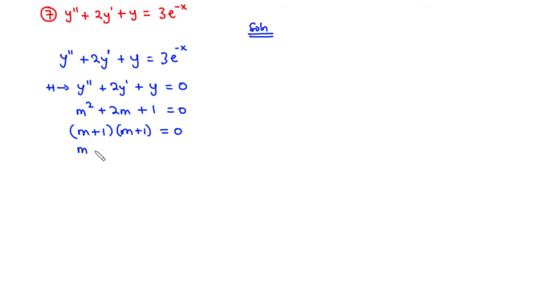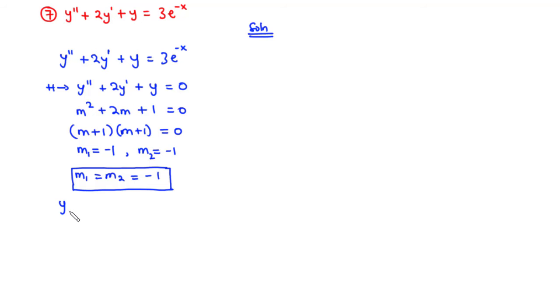So we have m equals negative 1, m equals negative 1. So we have this to be m1, m2. So it means that we have m1 equals m2 equals negative 1. So we have two real and equal roots.